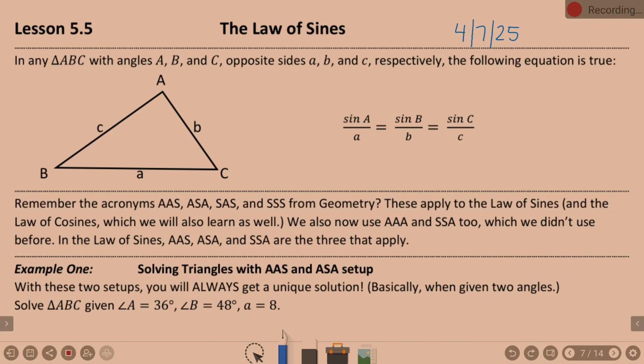So this reads: in any triangle ABC with angles A, B, and C and opposite sides a, b, and c respectively, the following equation is true. Now, you guys know the basics. Capital letters are your angles. Lowercase letters are the sides.